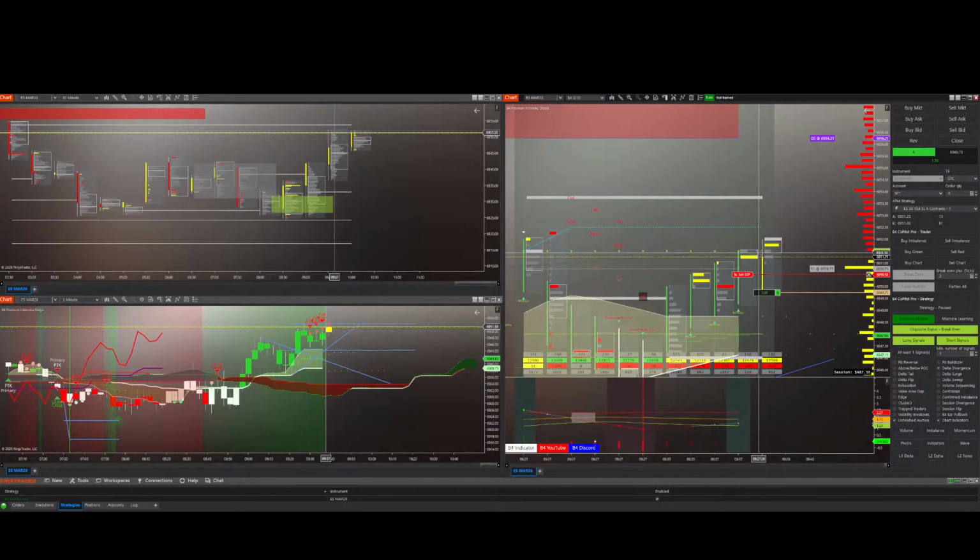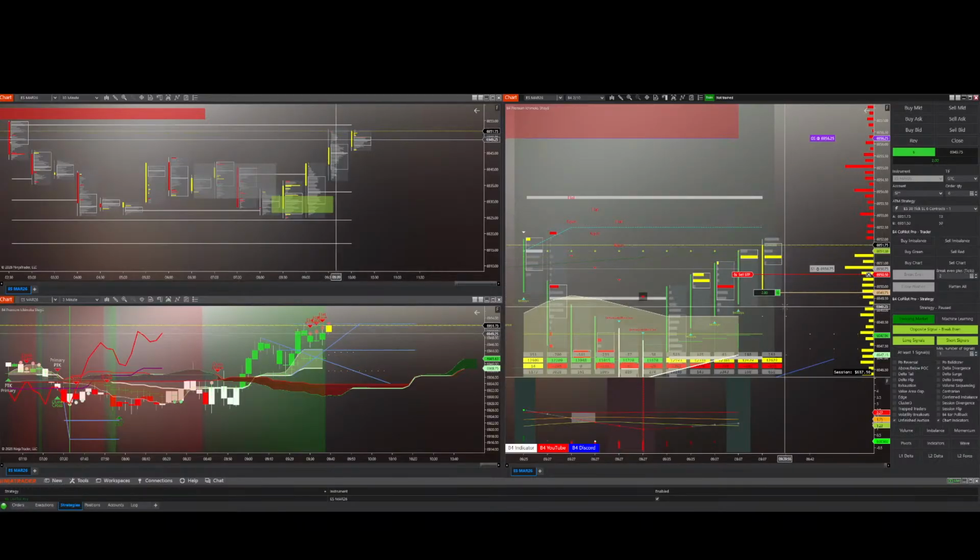We're approaching the top of the bracket and high of day. It's time to lock that in, but leaving it room.